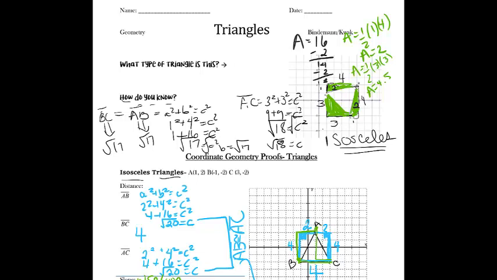So this guy is 4.5. So 12 minus 4.5 should leave us with 7.5 total for the inside of that one.